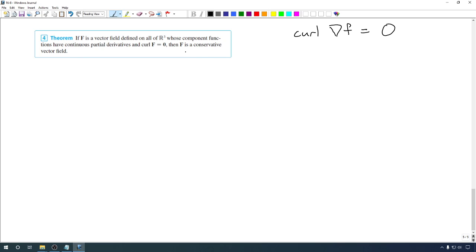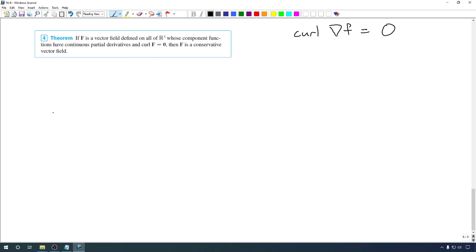That the integrals of F over any paths between the same 2 points will always be the same. That's true regardless of whether it's 2 dimensions or 3 dimensions. But what we want to show here is that if the curl is equal to 0, then that means that the integrals of F are path independent, and that will mean that F is conservative.